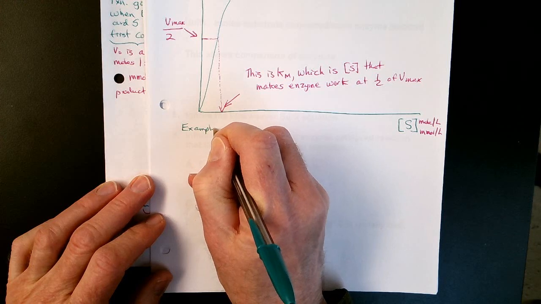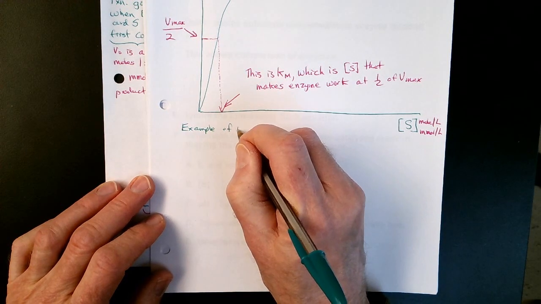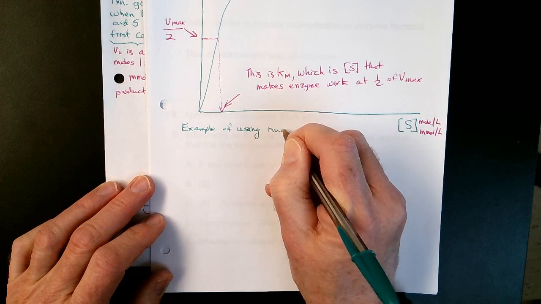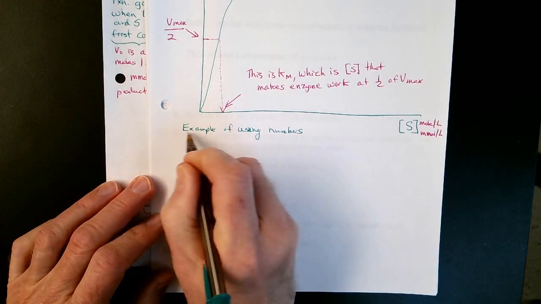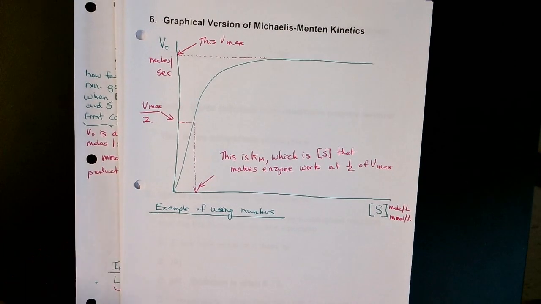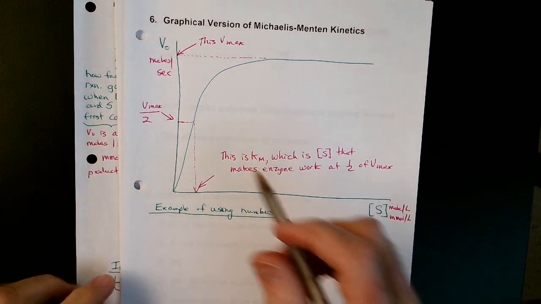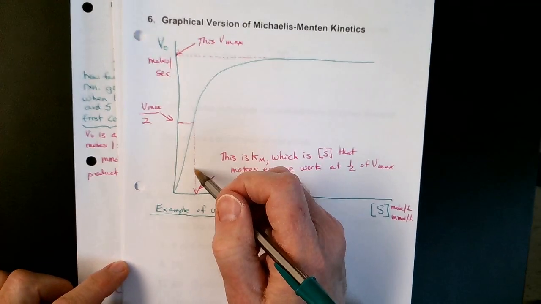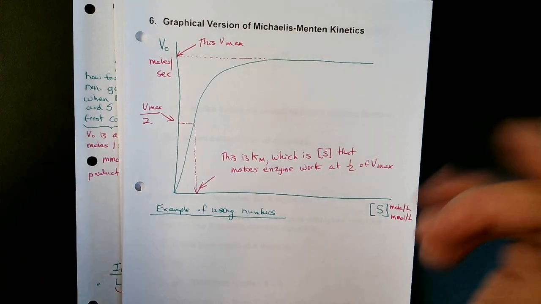So here's how to use the numbers. Using this thing graphically is a way of saying, if you can look at this plot and eyeball the numbers, that's the way we do it in this class.